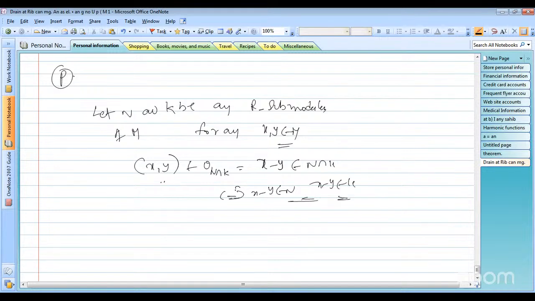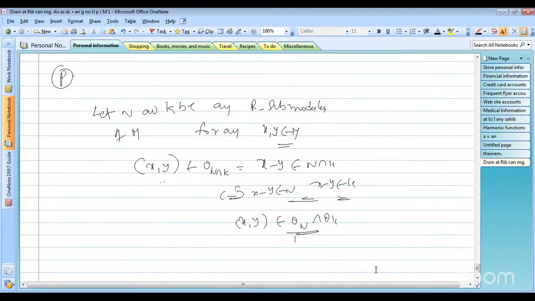And for (x, y) belongs to theta n intersection theta k, that is x minus y belongs to n and x minus y belongs to k. Both the conditions are taken. So (x, y) belongs to theta n intersection theta k, both the values are there here.